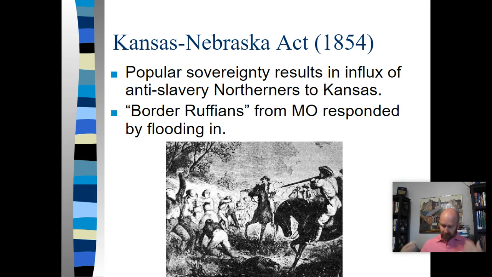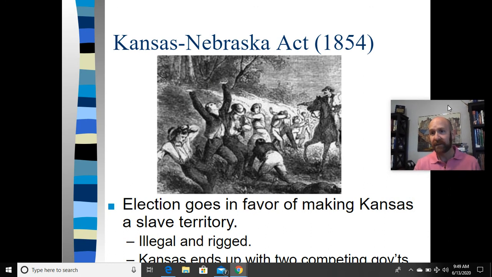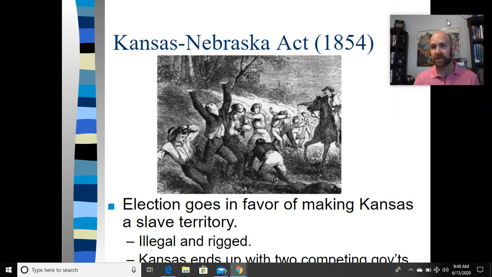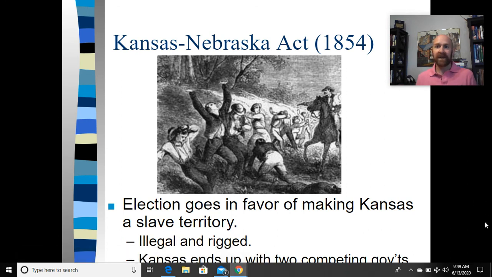So Kansas Nebraska Act, bloody Kansas, absolute hot mess. Kansas will actually end up with two competing governments. The election will go in favor of making Kansas a slave state. So, it looks like, let me move this here so you can see all that, it looks like the pro-slavery people have won here, but it's a rigged election.